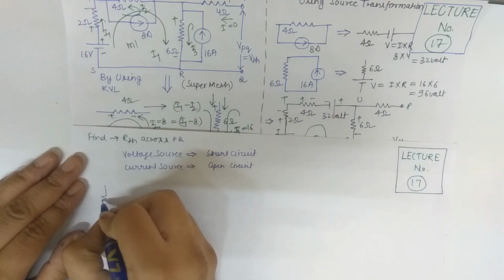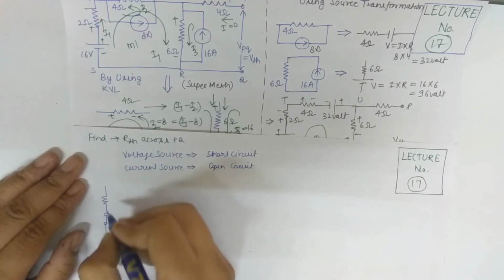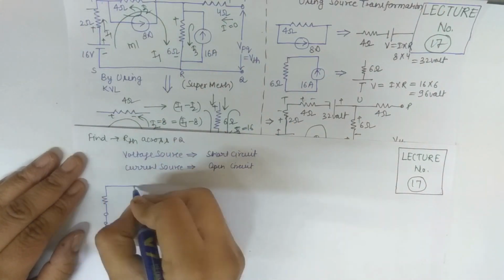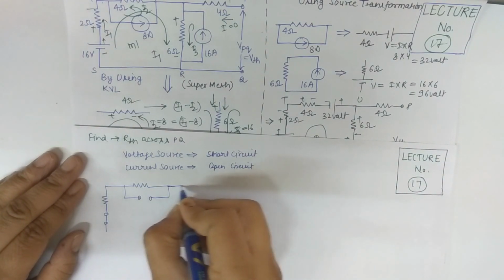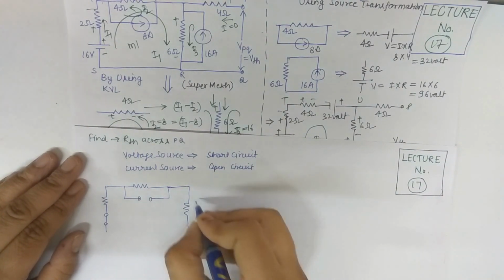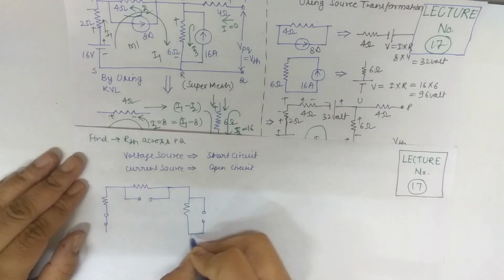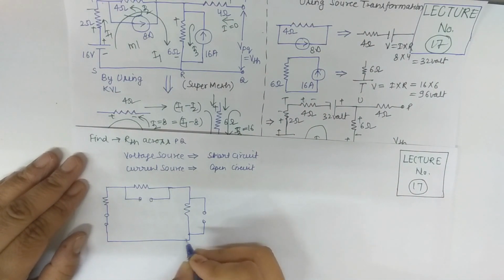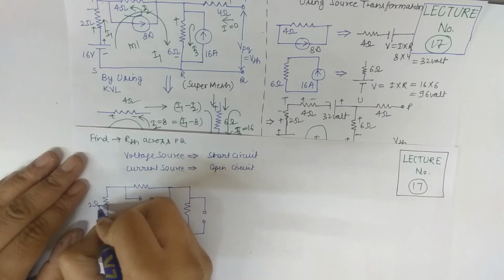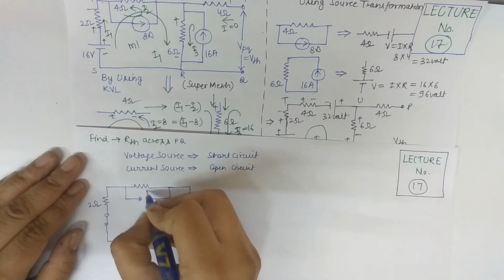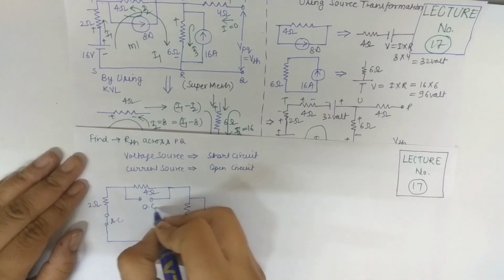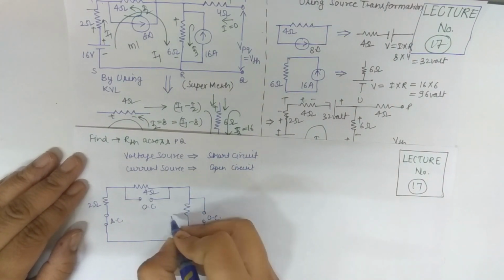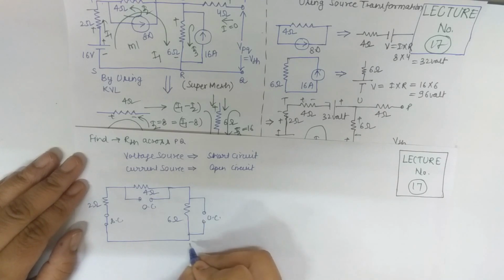So in this way, this is short circuit, this is open circuit, this is open circuit, this is 2 ohm, this is 4 ohm, short circuit, open circuit, and this is 6 ohm.